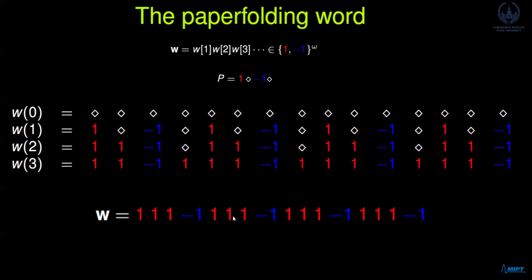This sequence has a rich structure that emerges from the recursive folding process. The paper folding word has interesting applications in combinatorics on words, symbolic dynamics, and theoretical computer science due to its highly regular yet non-trivial structure.